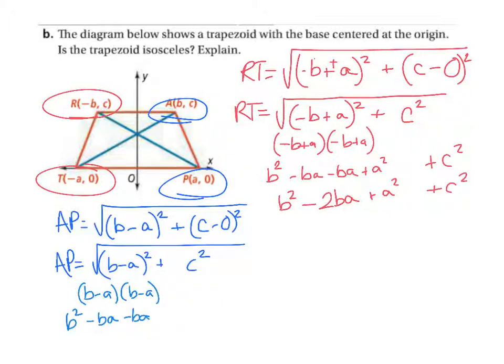I'm going to keep it in the same order, but minus BA, and then your last, a negative A times a negative A. That's a positive A squared. You still got your plus C squared out there. Those match, don't they? You got a negative BA and a negative BA. That's what we had here. It's going to turn into a negative 2BA. The B squared is positive. The A squared is positive. Still have the C squared tucked at the end.